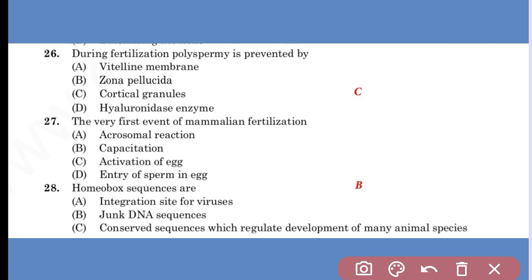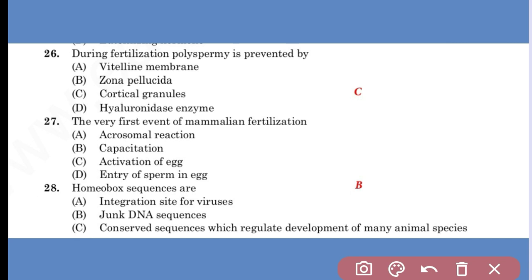It is a structure that surrounds the mammalian eggs and it becomes impermeable upon fertilization, and it prevents the entry of further sperms. The fast blocking of polyspermy is achieved by changing the electric potential of the egg plasma membrane, and this membrane provides a selective barrier between the egg cytoplasm and the outside environment.